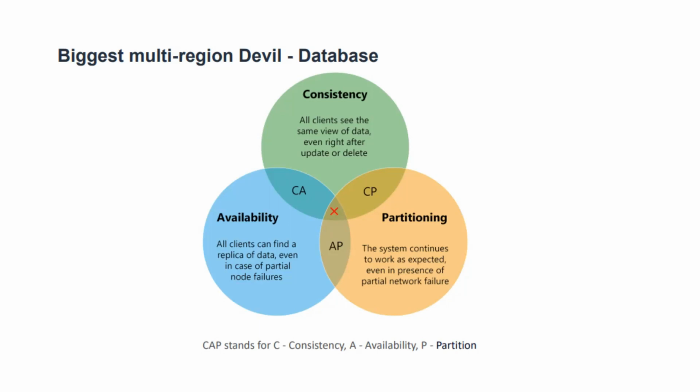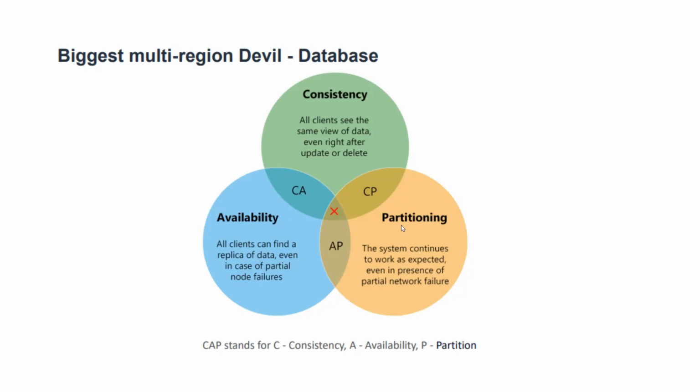You need to have data consistency across the database. Next is availability. Even though some of the nodes fail, you need to have a replica database ready to occupy the space. That is the availability part.